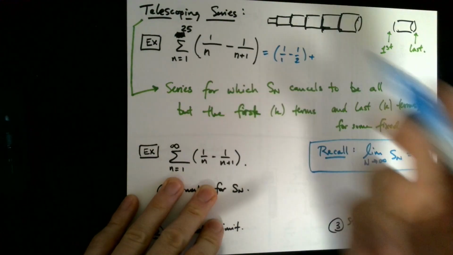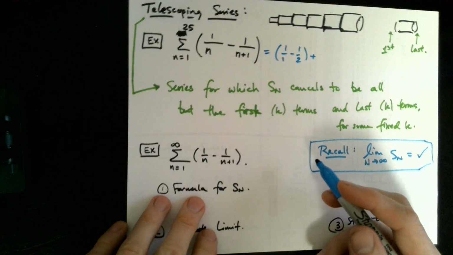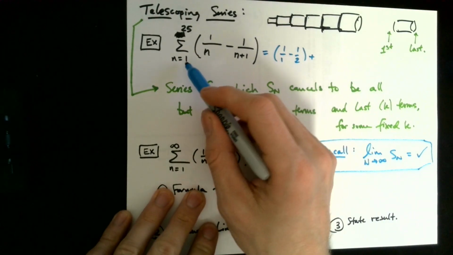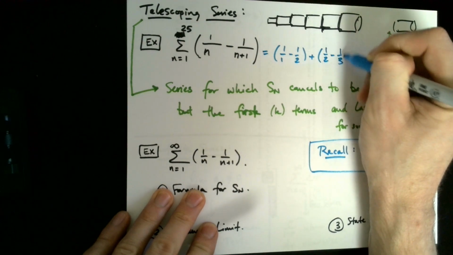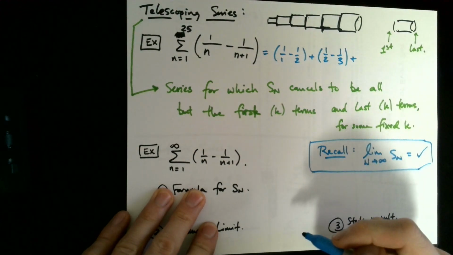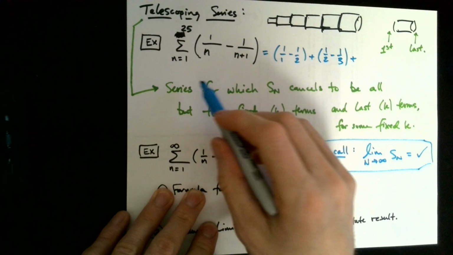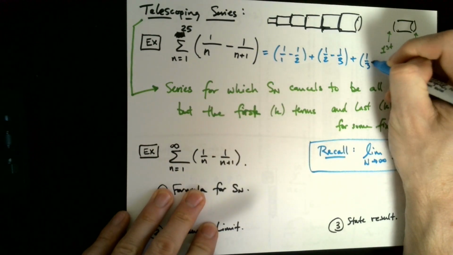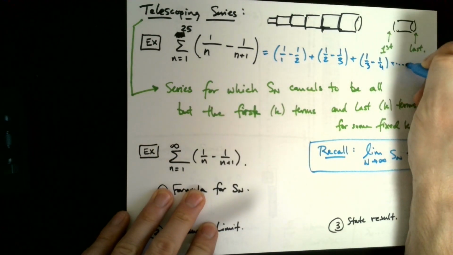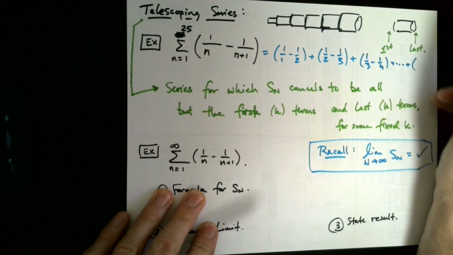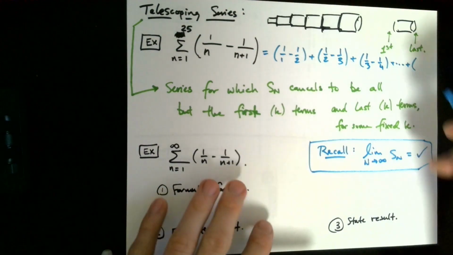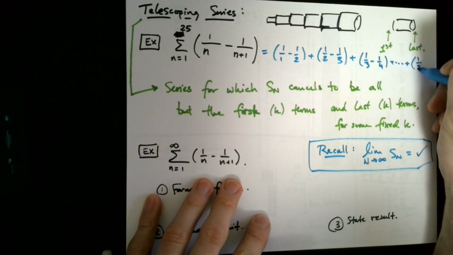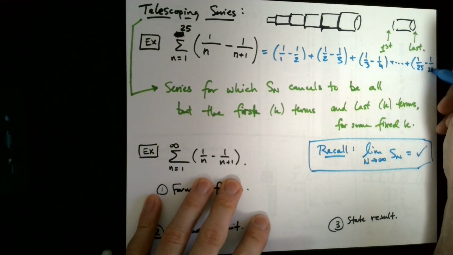Put a plus sign in between. This is the way we deal with series in sigma notation. Now n equals 2 would be a half minus a third. I'll write out n equals 3 just to get a handle on the trend: 1/3 minus a fourth. And if we go all the way out, we get to n equals 25, because the sigma notation tells us to stop there. We'd have 1 over 25 minus 1 over 26.